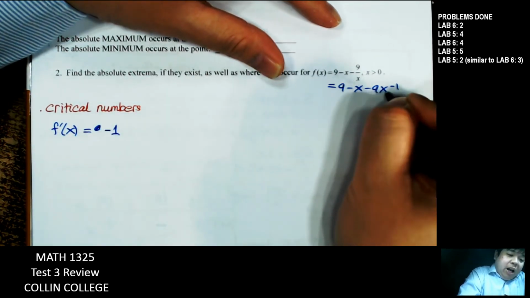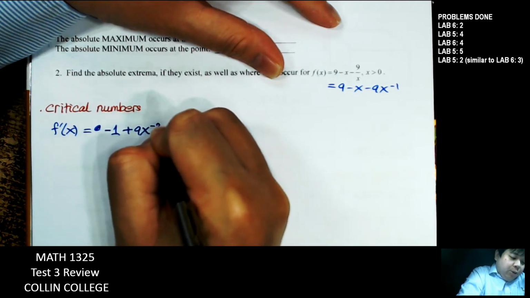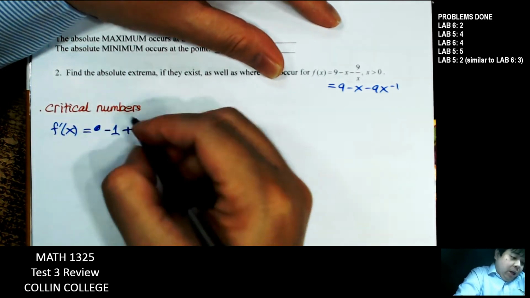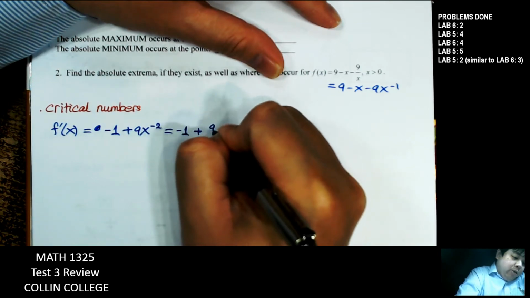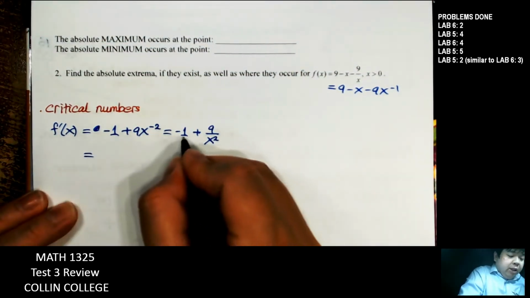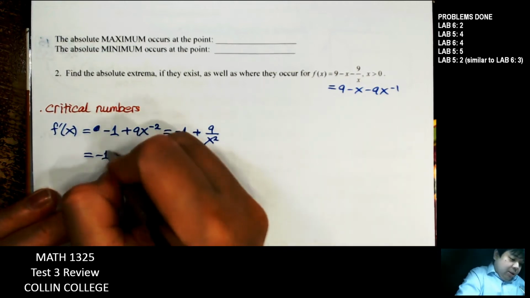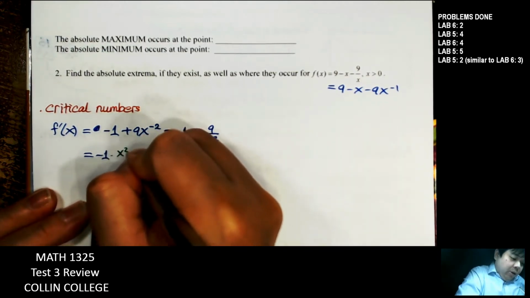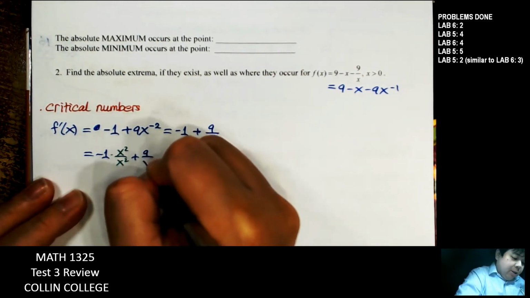So we take the derivative. The derivative of 9 is gone. The derivative of negative x is negative 1. Negative 9x to the negative 1 becomes plus 9x to the negative 2, which equals negative 1 plus 9 over x squared, right?